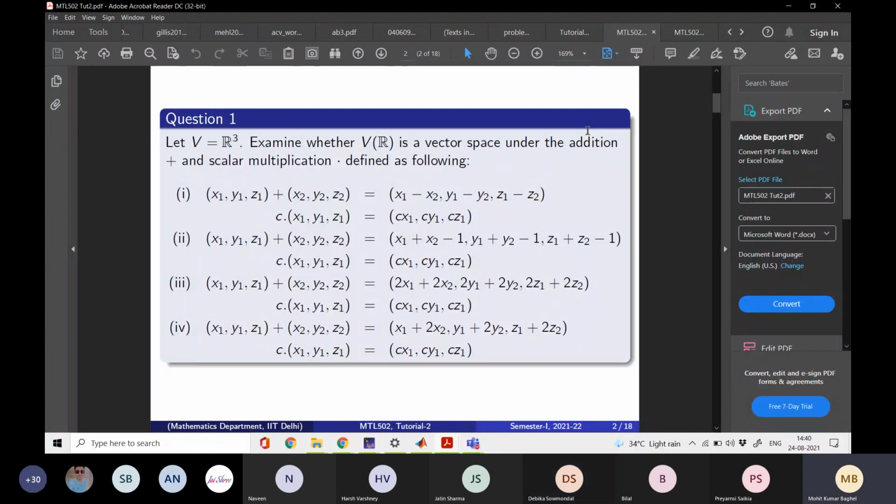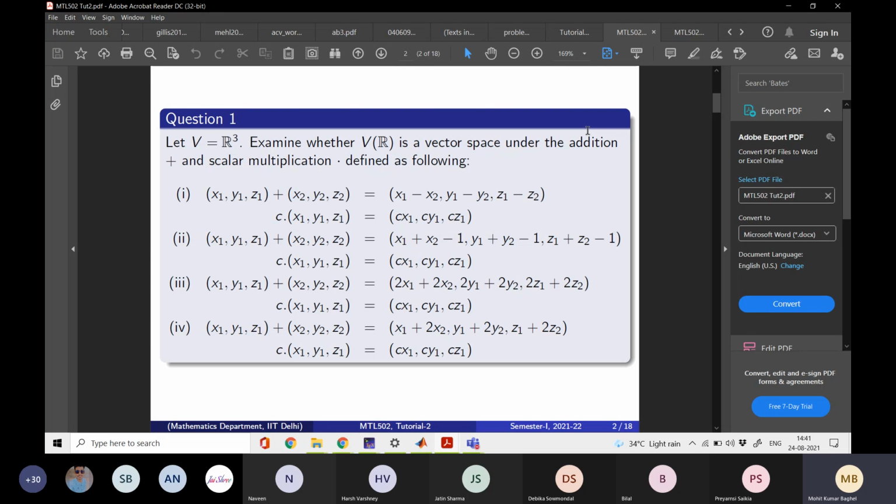Now coming to question one again. Which of the following form a vector space? V equals R3, which is specified, over the field of real numbers, and plus and dot are defined in the respective problems.